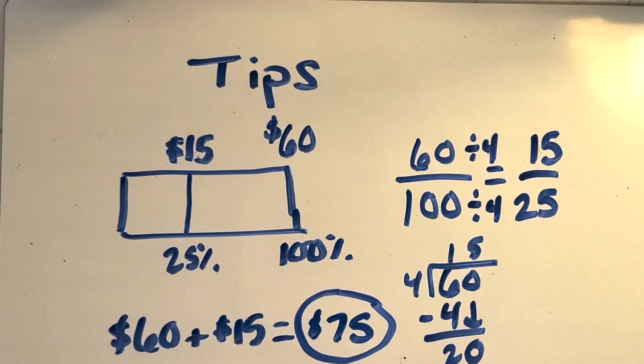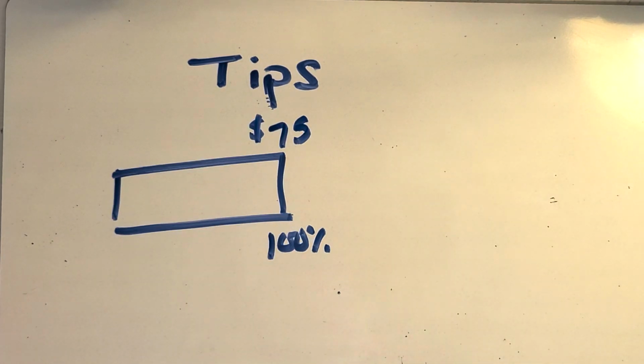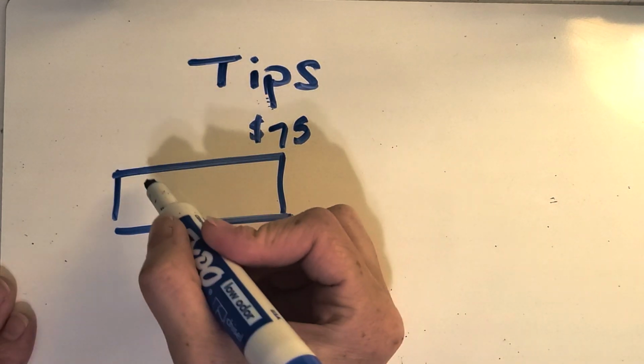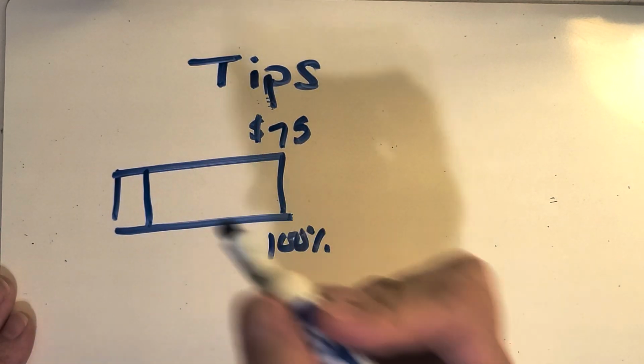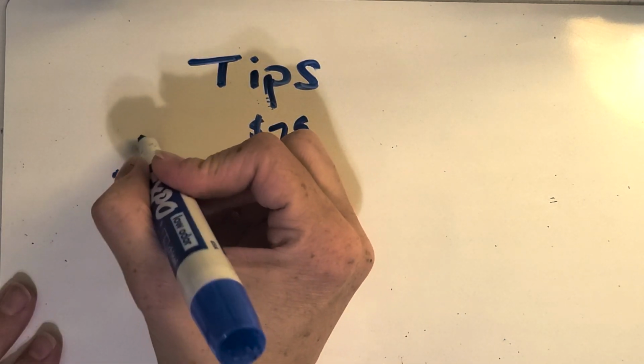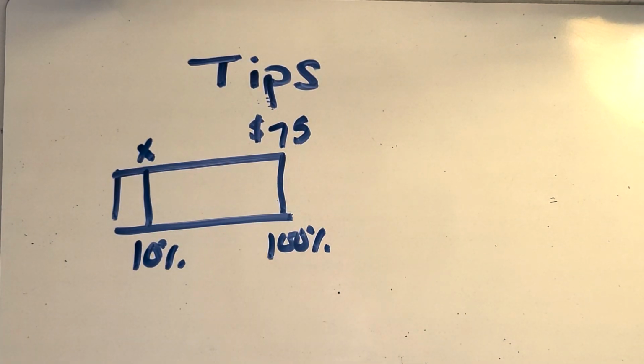Okay, great job. Okay, in our next problem, we have a restaurant bill that's $75, and we'd like to give a 10% tip. And so we want to know this amount right here. So why don't you try this one? Try setting up a proportion and finding a pattern.